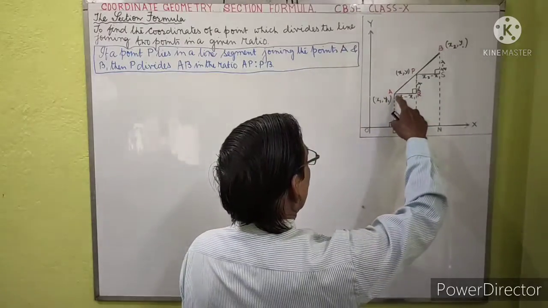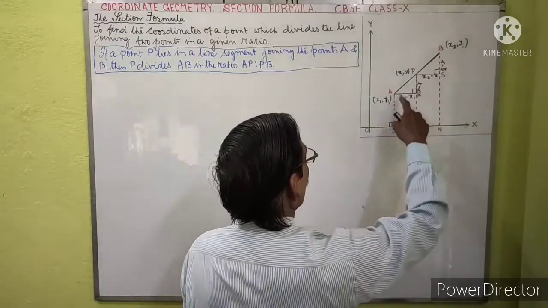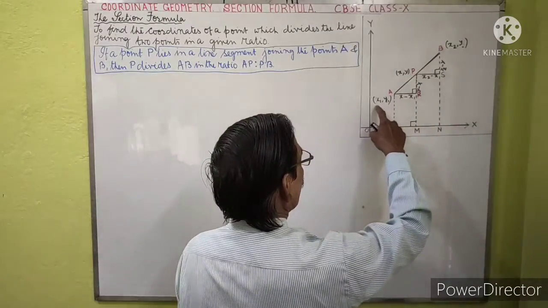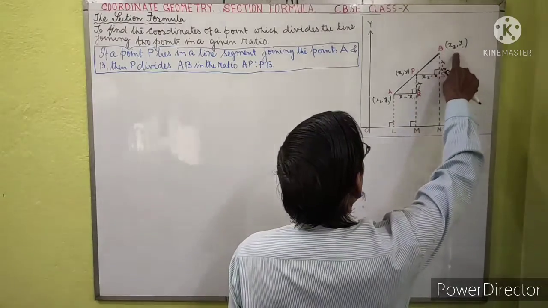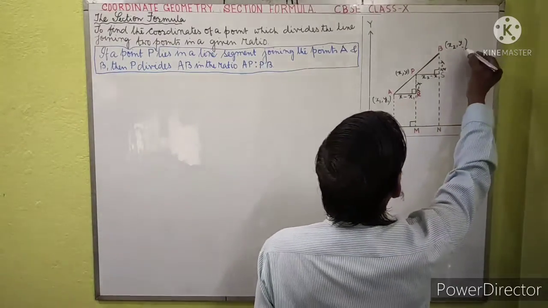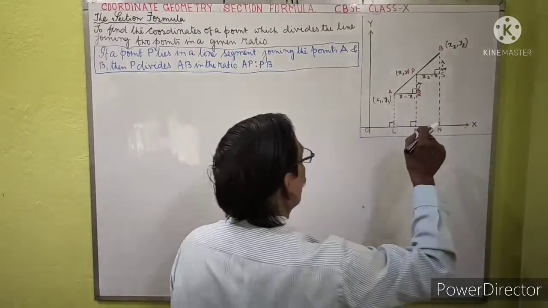Let a straight line join points A and B. The coordinate of A is x1, y1 and that of B is x2, y2.